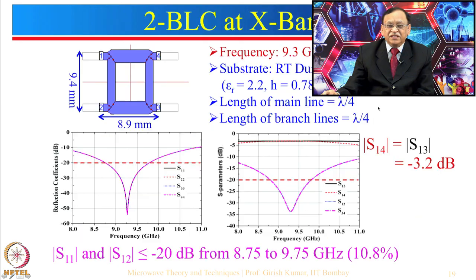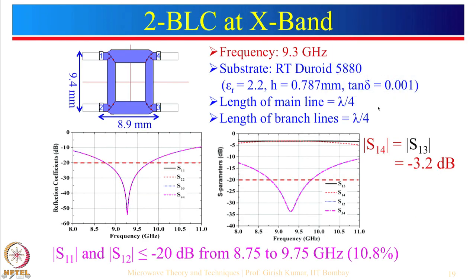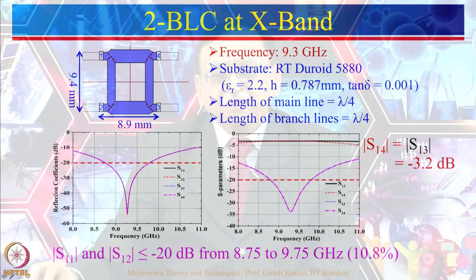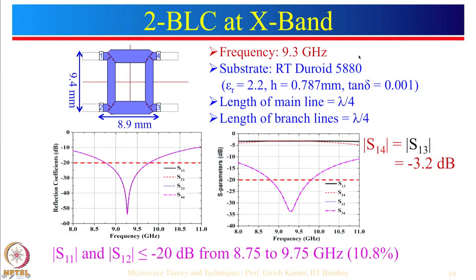So, let us see the realization of this with a design example. Here is a 2 branch line coupler at X band. We have taken the center frequency as 9.3 gigahertz, which is within the X band of 8 to 12 gigahertz. Since the frequency is very high, please do not take a glass epoxy substrate, because losses will be very high.